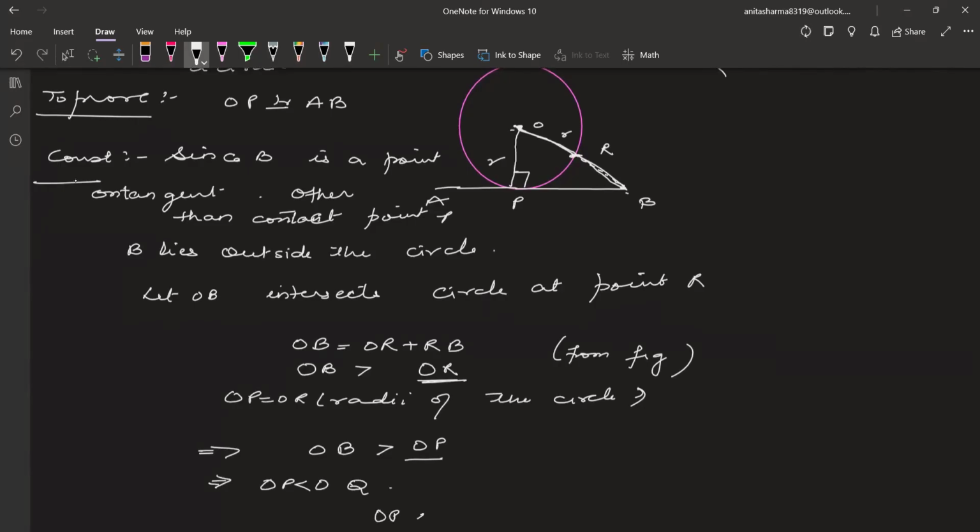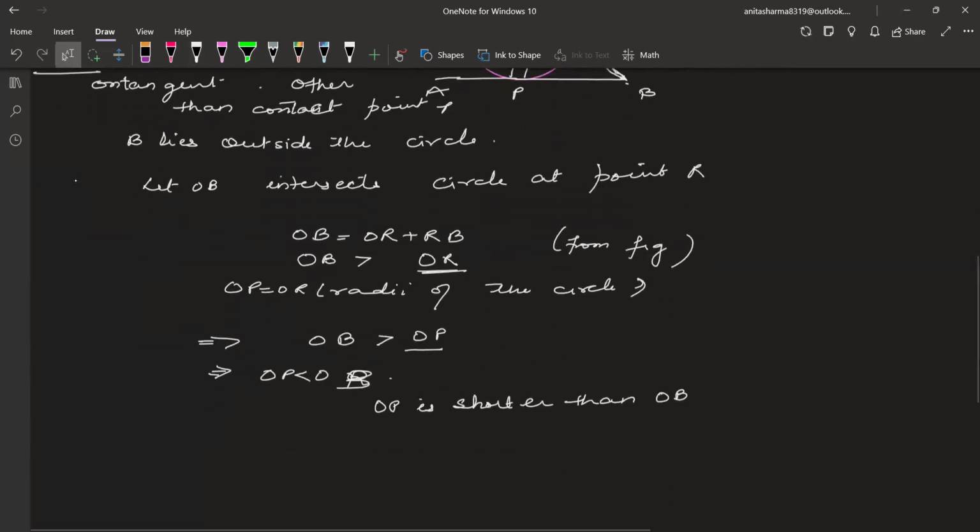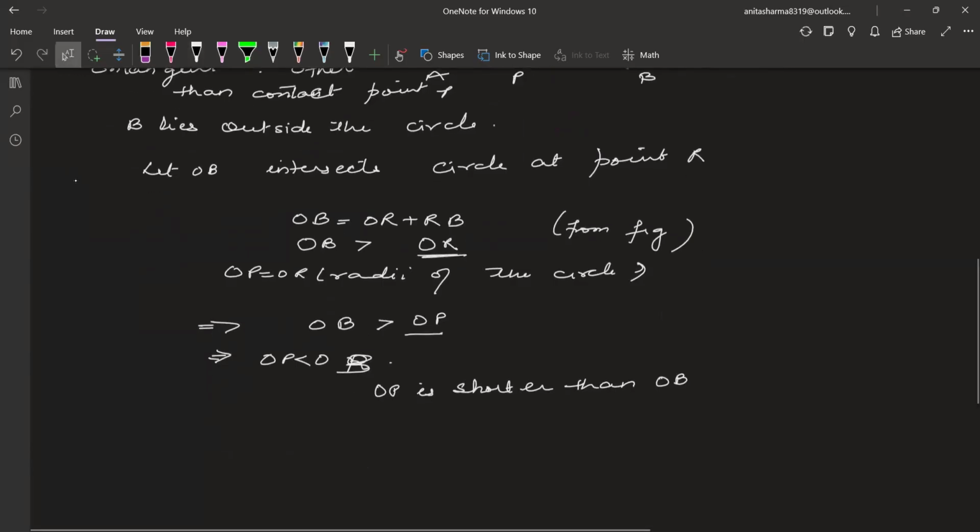So as OP is shorter than OB, OB is longer, so OP is the shortest distance, right, beta?